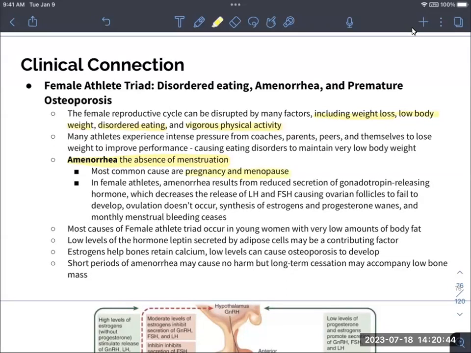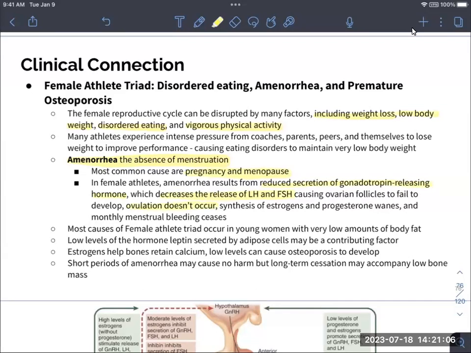But in female athletes, it's because of a reduced secretion of gonadotropin releasing hormone. It's not secreted as much. We also get decreases in the release of luteinizing hormone and follicle stimulating hormone. So these follicles are not developing, and ovulation does not occur.